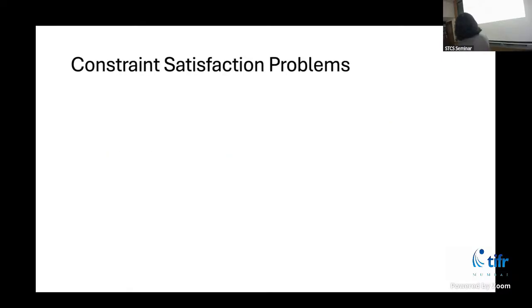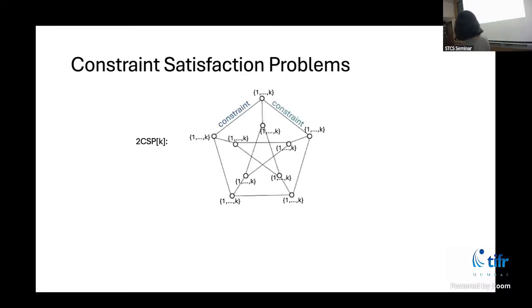Okay. So to actually formally state the result, it's easier to take the view of PCPs coming from constraint satisfaction. Many of you again might have seen this equivalence before, but let's give a quick reminder. We'll focus on 2 CSPs, where each constraint only looks at two variables at a time.